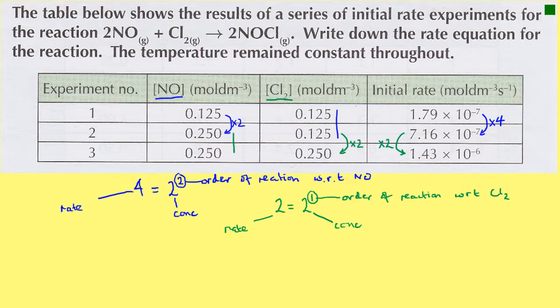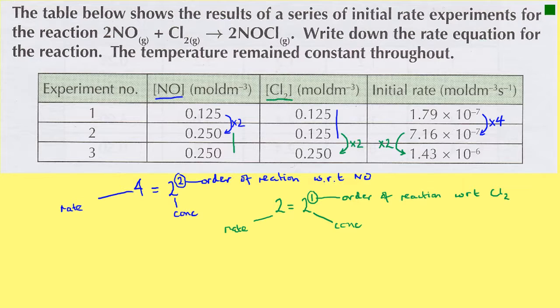And instead what we've done is we've changed the concentration of chlorine. So we started off in experiment 2 with a concentration of 0.125, and we got from that an initial rate of 7.16 times 10 to the minus 7. So we look at what's happened with the change in concentration. We have doubled that concentration in the third experiment.